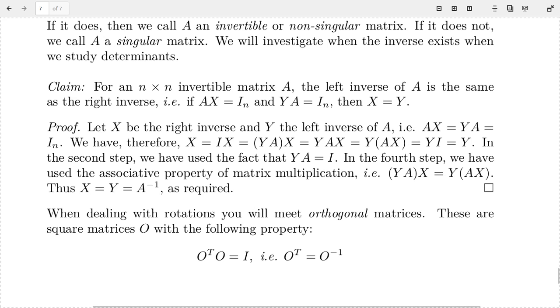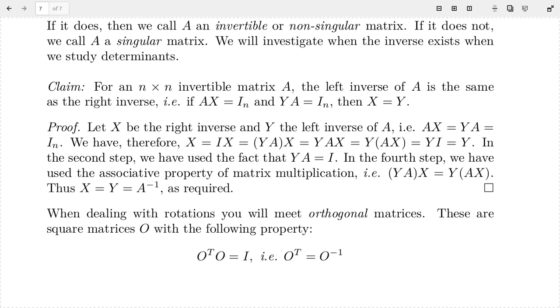But AX is again equal to I, because that is what we hypothesized. But then YI equals Y. So from here we have X equals Y. So the left inverse equals the right inverse. They're not different, they're the same. So X equals Y equals A inverse, as required.